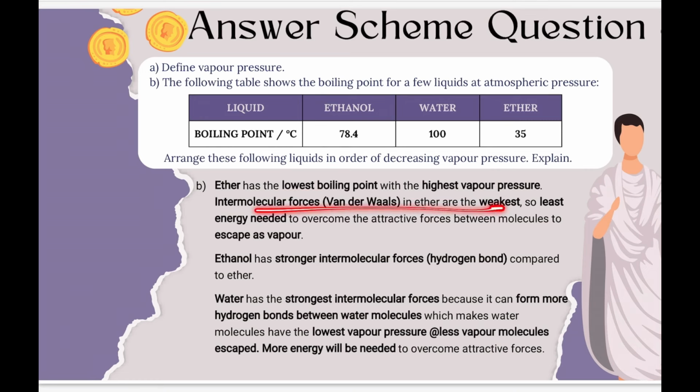Sebab IMF dia sangat weak. Okay, weakest IMF. Okay, ingat tu ya, weakest IMF. Jadi least energy required, so it can easily escape as vapor. Bila easily escape as vapor, maka tinggilah vapor pressure-nya. Dan seterusnya lah. Okay, alright.